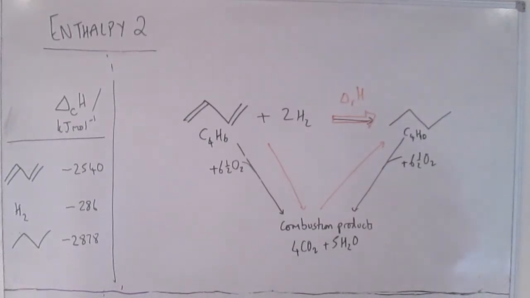So you have to be careful with that in enthalpy cycles. It doesn't always work out quite as simply as that, but in combustion cycles it does. So if you're using enthalpy changes of combustion, you can confidently just not bother mentioning the oxygens.